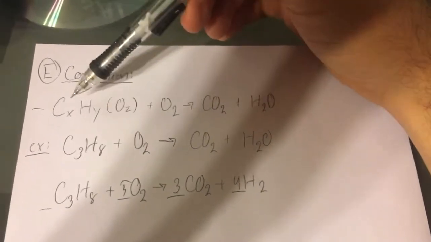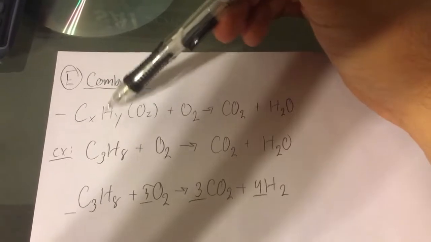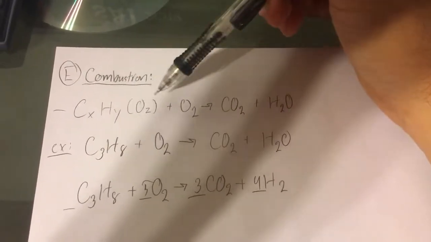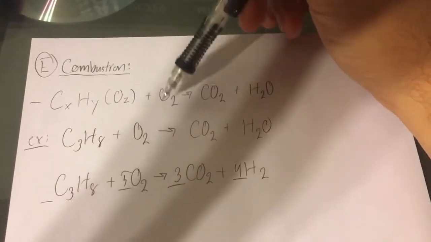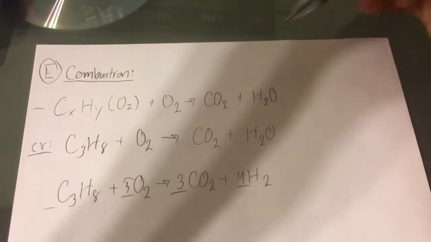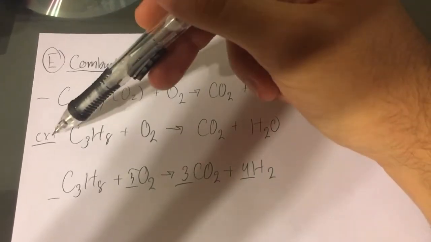This is it broken down in its simplest form: carbon x amount, hydrogen y amount, or sometimes oxygen, plus O2, creates these. Now that it has been explained simply, let's go to an example.